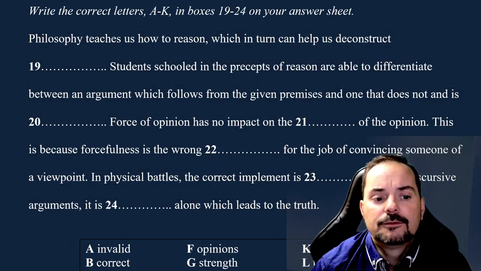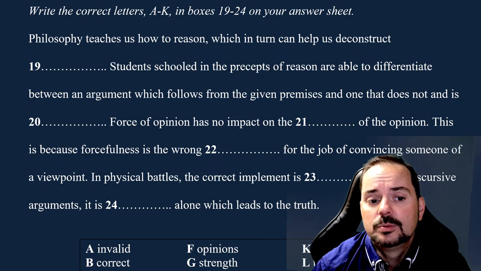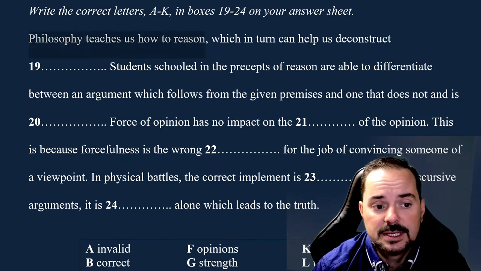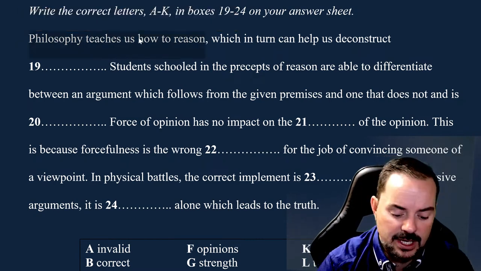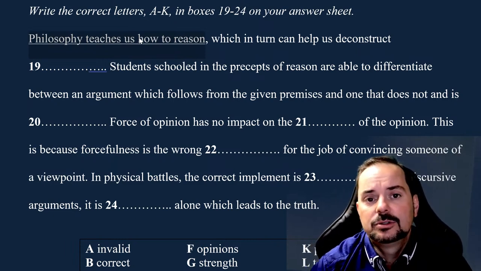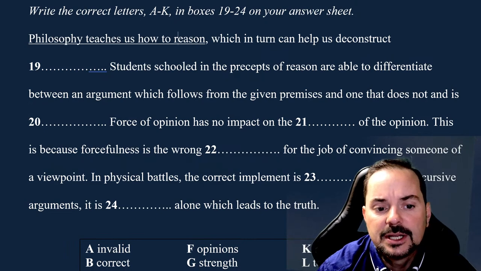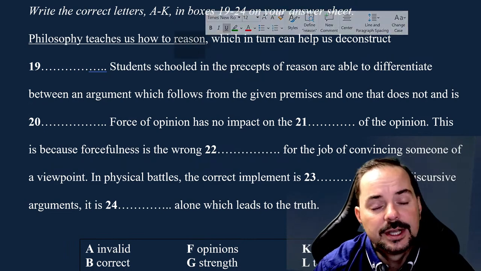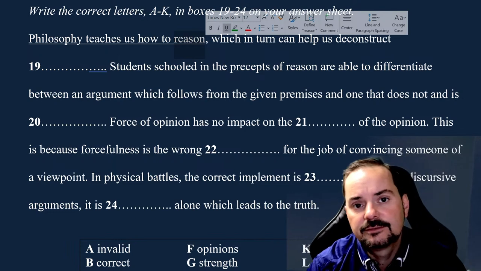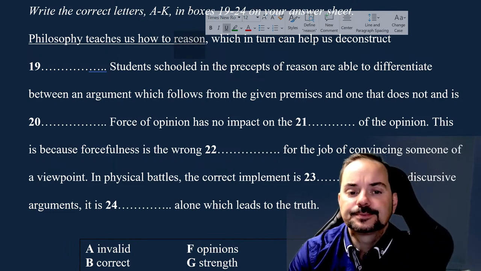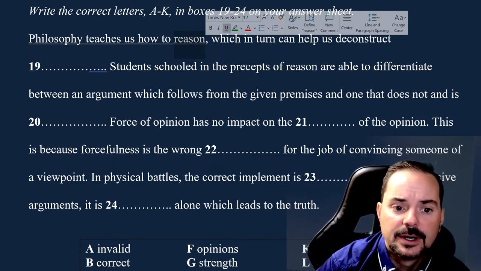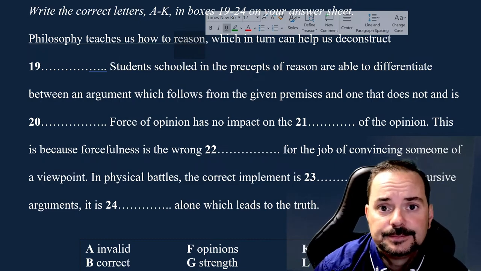Here we go. So philosophy teaches us how to reason. Good. There's a really good piece of information right away, right? Philosophy teaches us how to reason. Now, if I don't know the meaning of reason, or if I just know one definition of reason, like the reason for, so cause and effect, that's okay. It's connected.